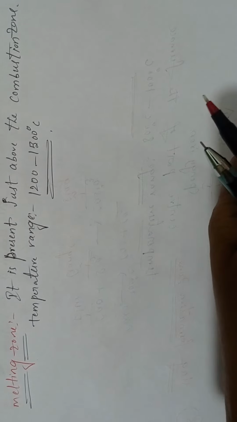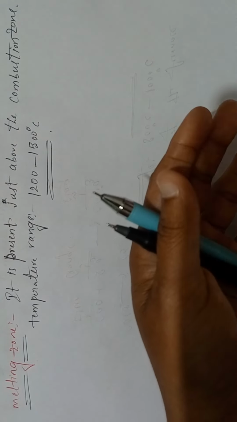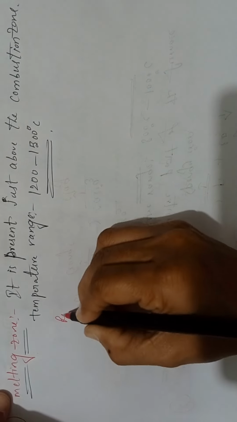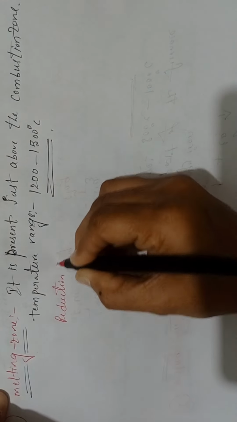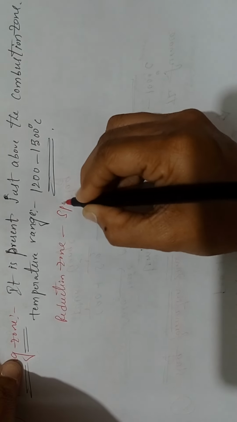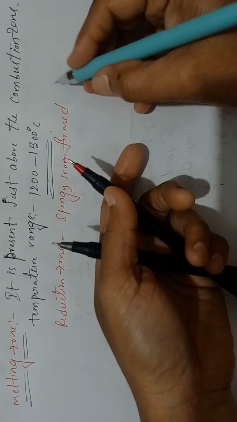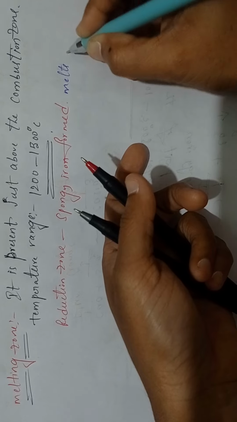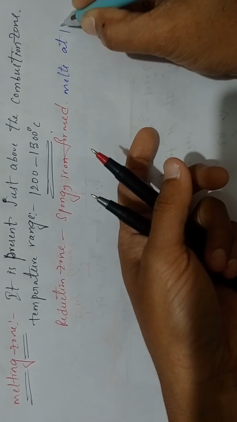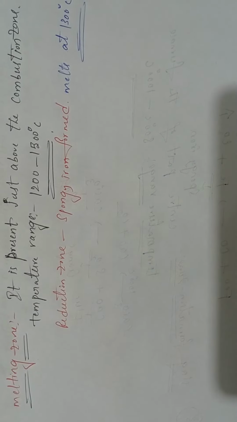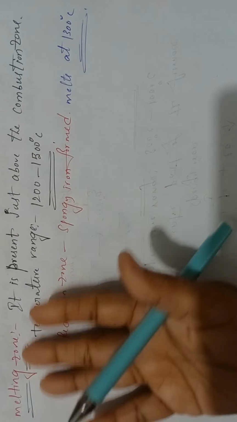That's why we call it the melting zone. Are you clear? In which zone is the spongy iron formed? The reduction zone. So in the reduction zone spongy iron is formed, and that spongy iron melts at 1300 degrees Celsius. So that's why we call this the melting zone.